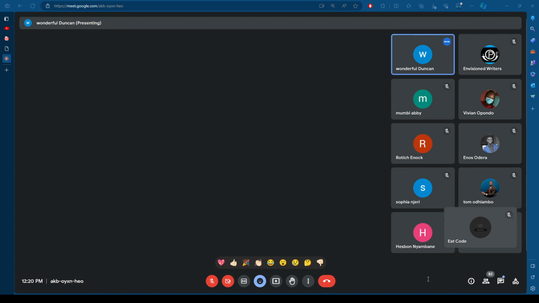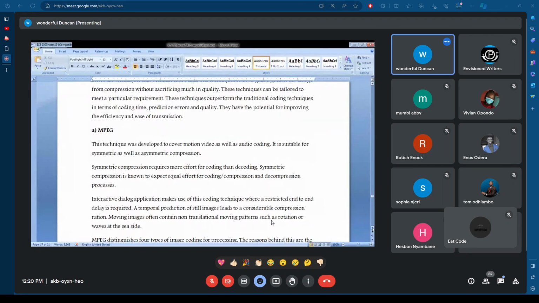This technique was developed to cover motion video as well as audio coding. Yes, this one is for moving pictures and audio.